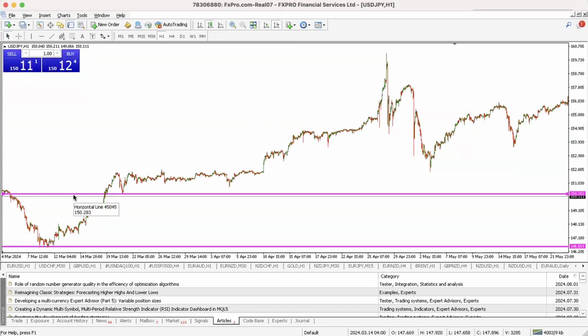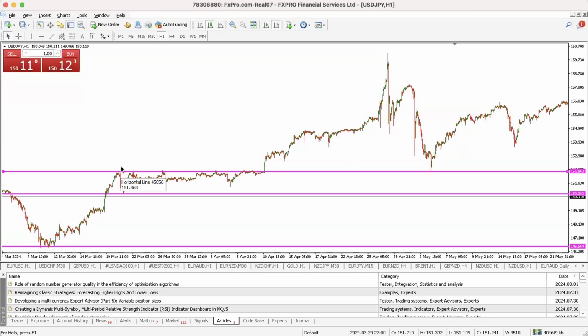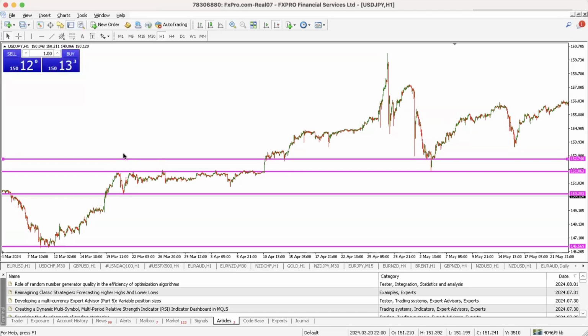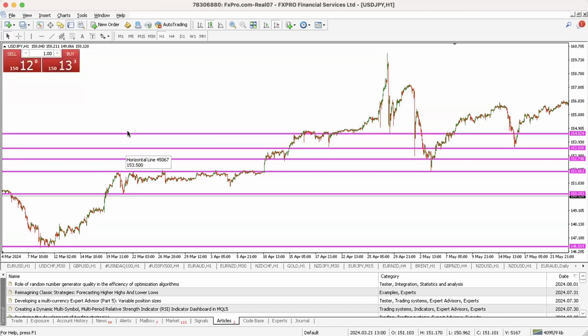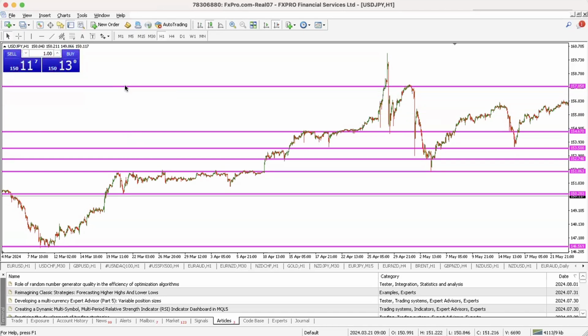It came here, went up to that level, came down again, and then it formed, let's say, this one too. It formed this before it went up, and then it formed this, and then this, and then this.